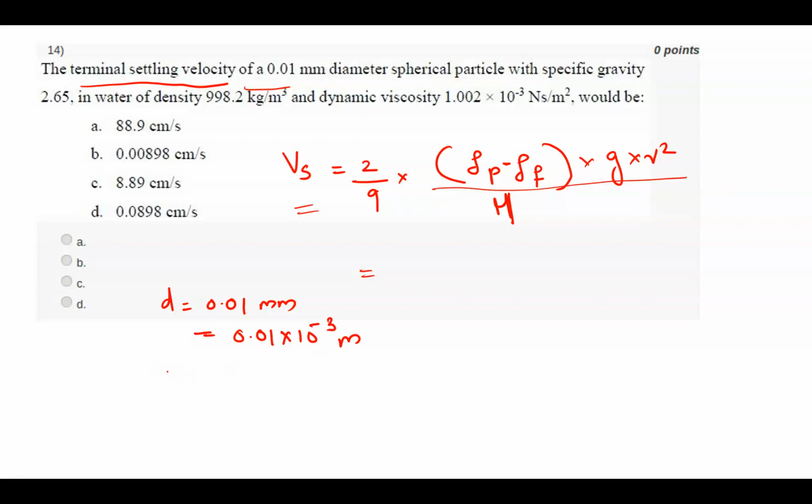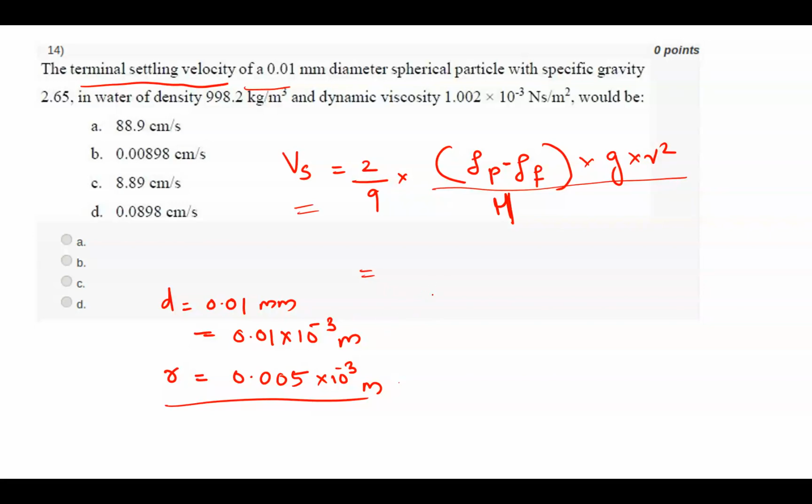Then you can calculate the radius, R equal to 0.005 into 10 to the power minus 3 meter. So this is the radius that you have calculated. Then what else do you know?